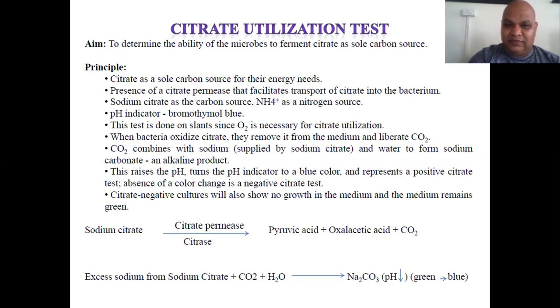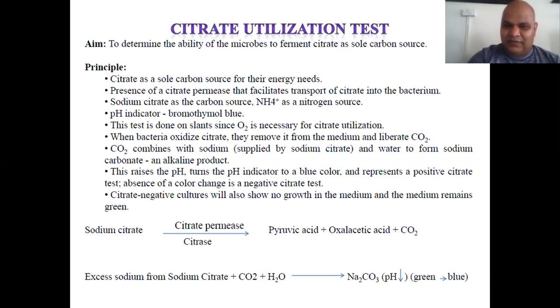Okay, in this condition, when bacteria oxidize, they convert that particular citrate's carbon into carbon dioxide. Okay, the citrate's carbon is used, reacts with the oxygen and is liberated in the form of carbon dioxide.